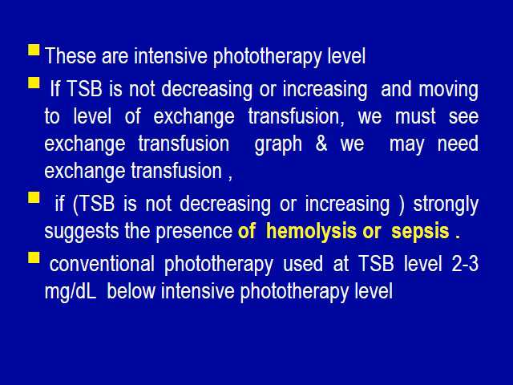If the TSB is not decreasing or is increasing and moving to a higher level of exchange transfusion, we must see the exchange transfusion graph. Later I talk about it.